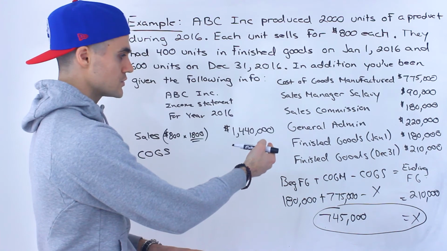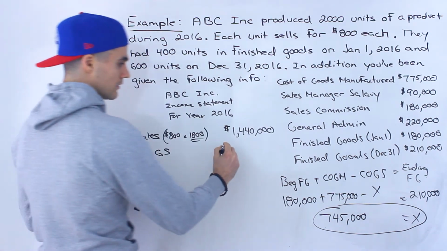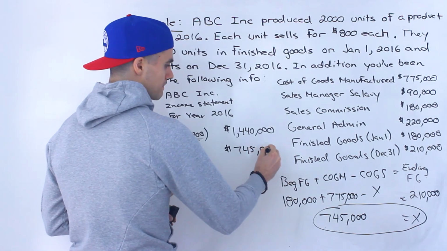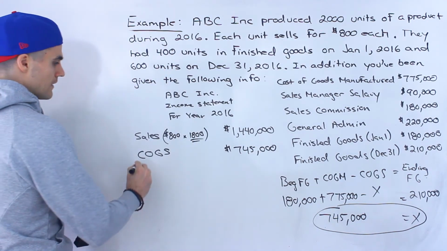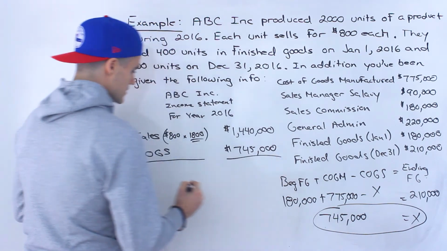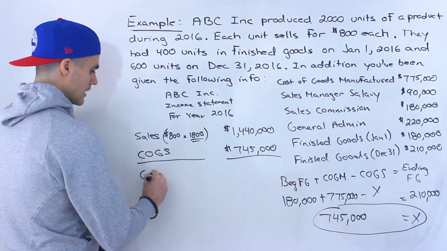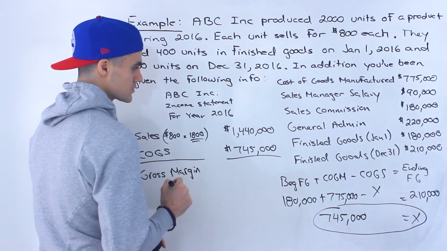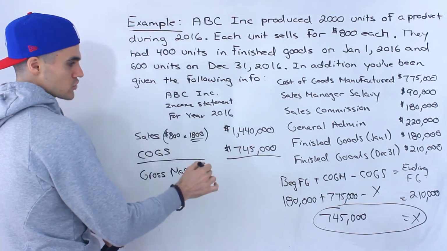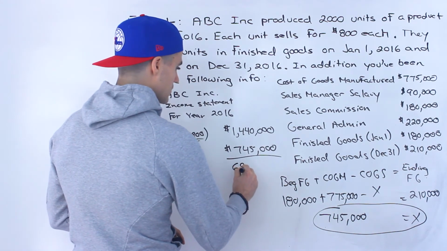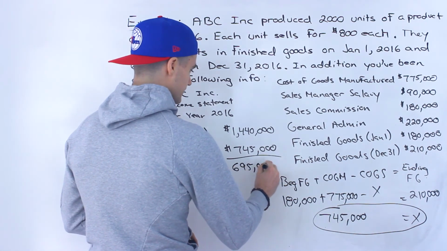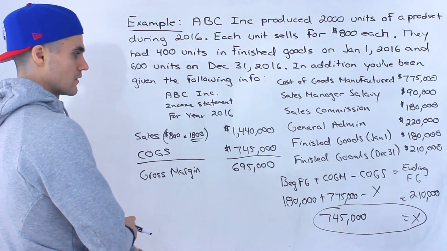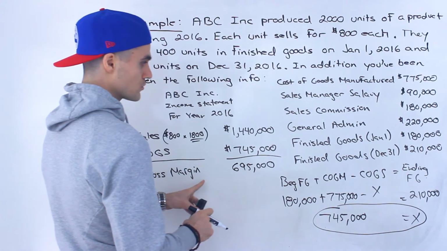Another calculation we have to do on the side to get the number on the income statement. And then from here, everything is going to be pretty smooth. So we're going to get the gross margin, right? Sales minus cost of goods sold. And then when we subtract these, we would end up getting 695,000, I believe. Yeah. Right? 695,000 is the gross margin.